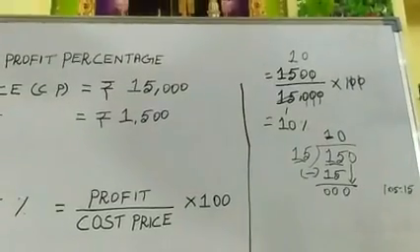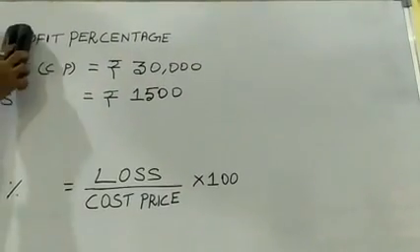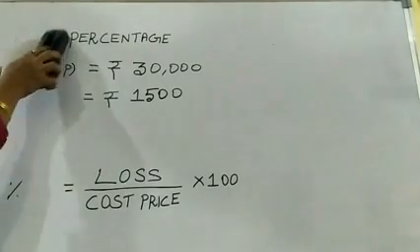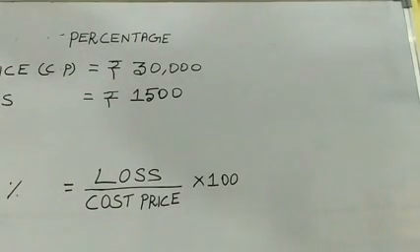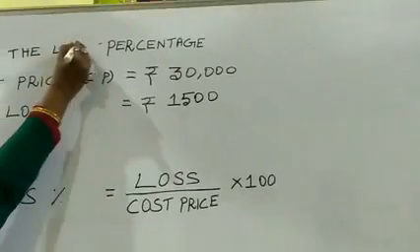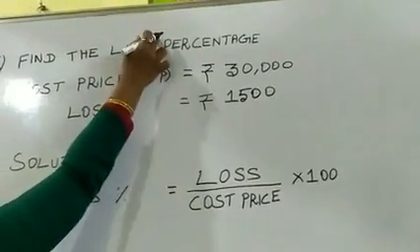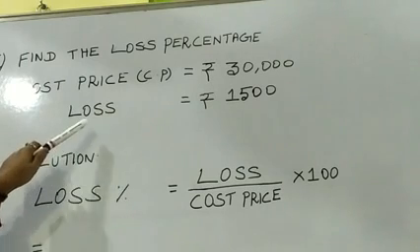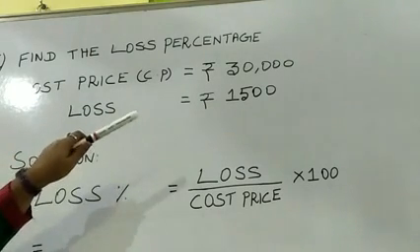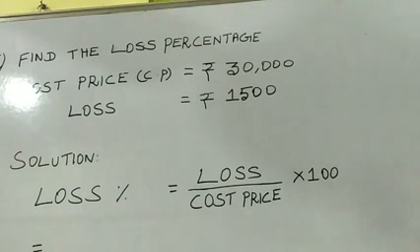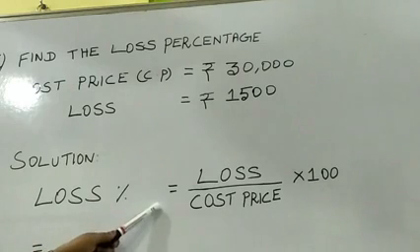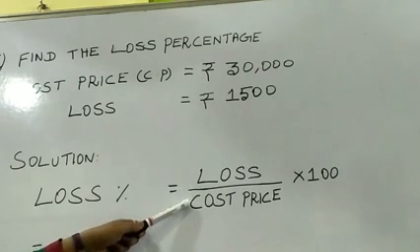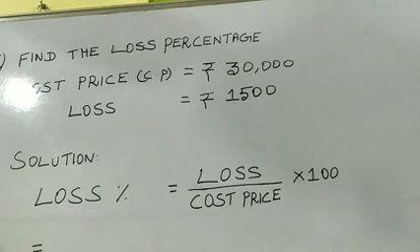So that's your answer. So now our problem is to find the loss percentage. So this is the loss percentage, children. Here I give the cost price, that is CP is rupees 30,000 and loss is rupees 1,500. So our solution: loss percentage is equal to loss divided by cost price multiplied by 100.